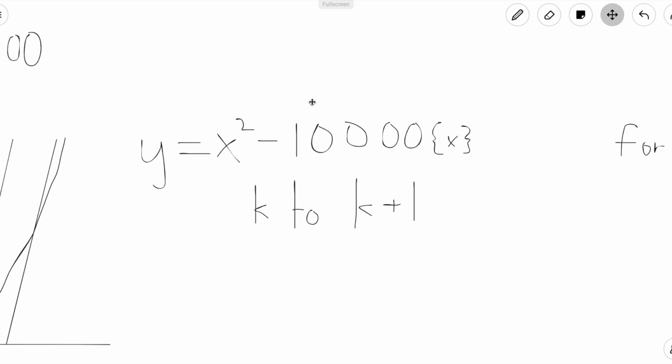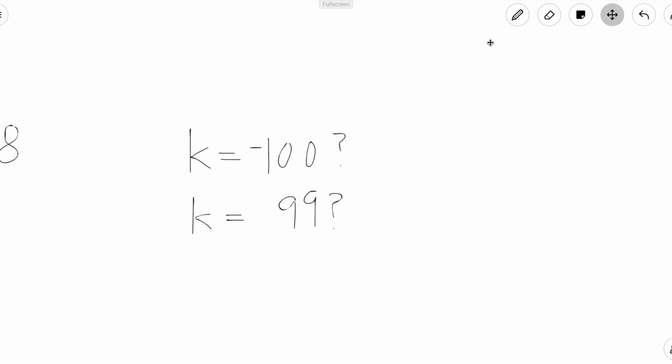But when k is just short of 99, we'll get y equals 99 squared minus something really, really close to 10,000, which is obviously negative, which means that the case where k is equal to negative 100 must have a solution.